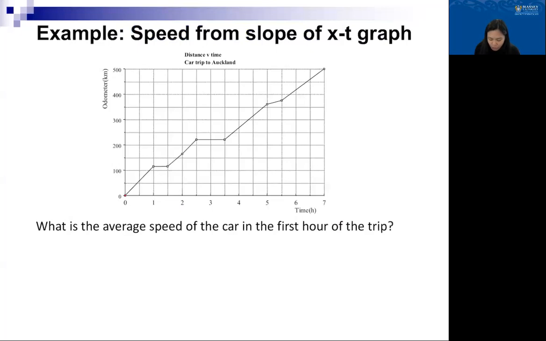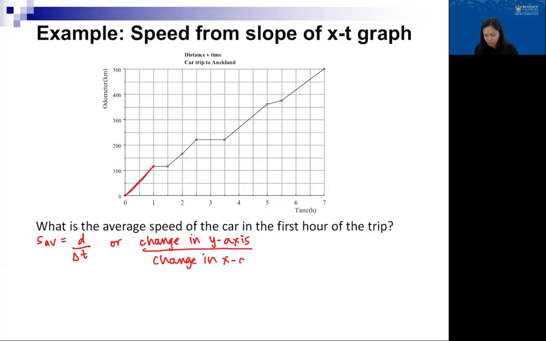The first hour of the trip contains this section of the graph, so we need to get the slope for that. You can just say average speed is the distance covered over the time interval that you covered that distance. Okay. Or you can say that it's the change in y over the change in x-axis.